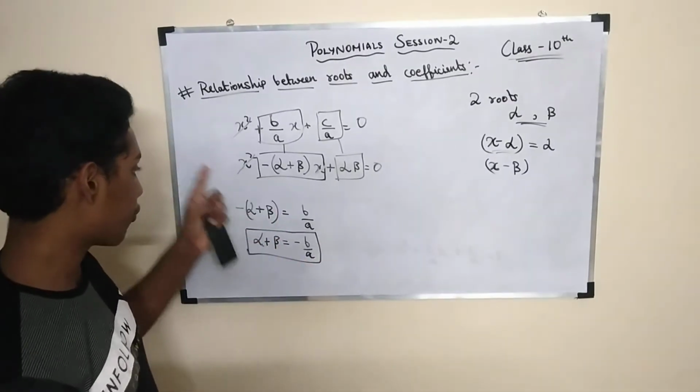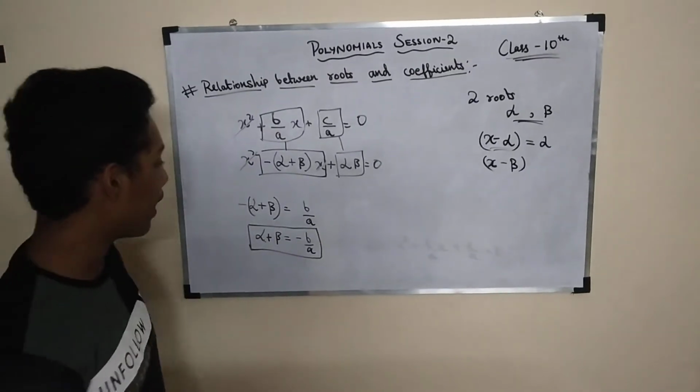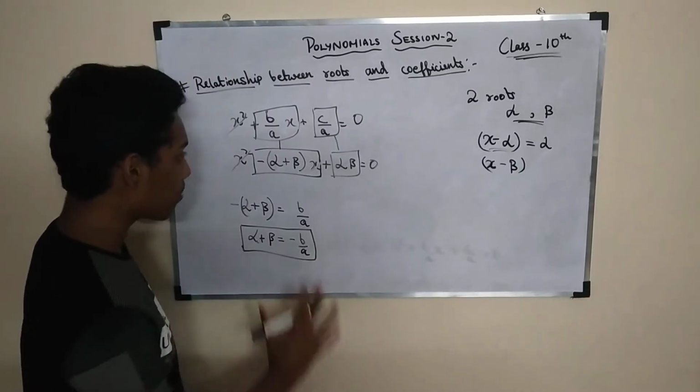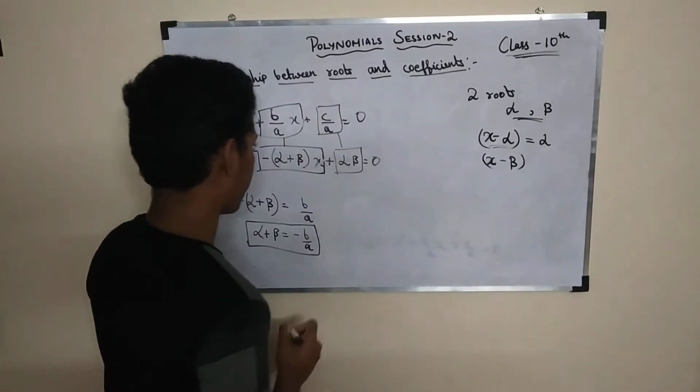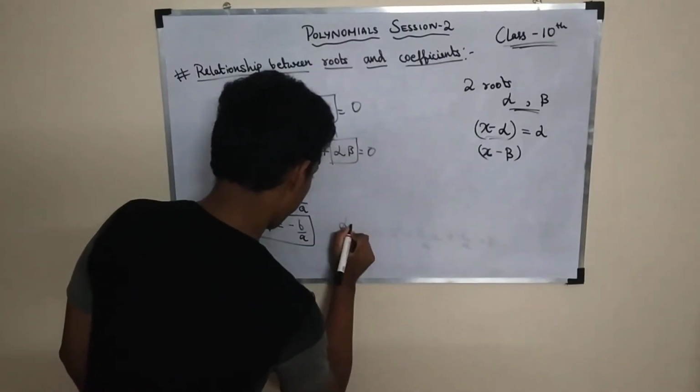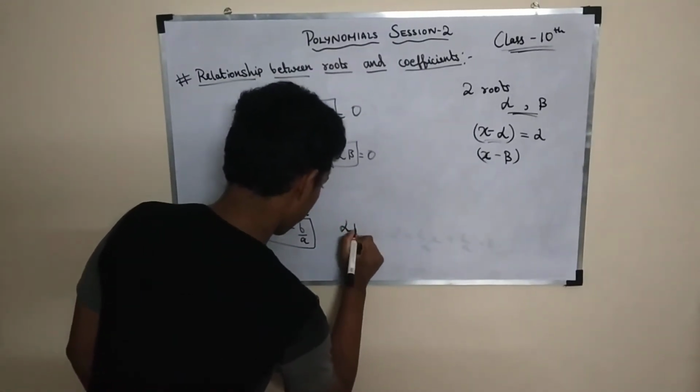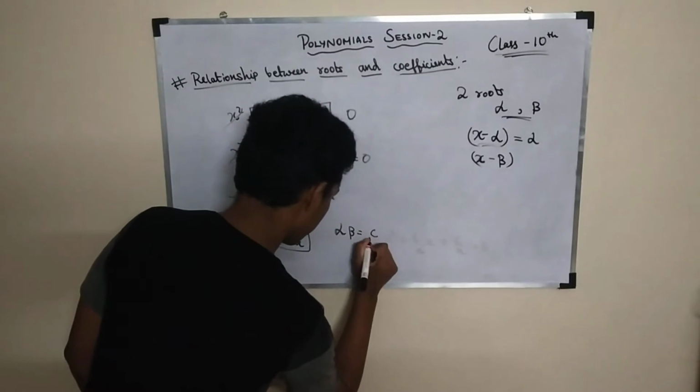So alpha plus beta is minus b by a. Now let's compare these two. c by a is equal to alpha beta.